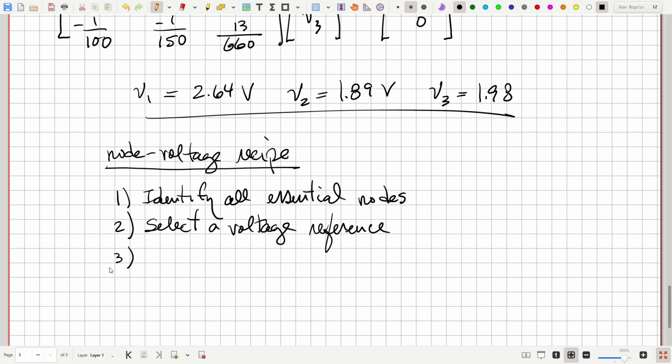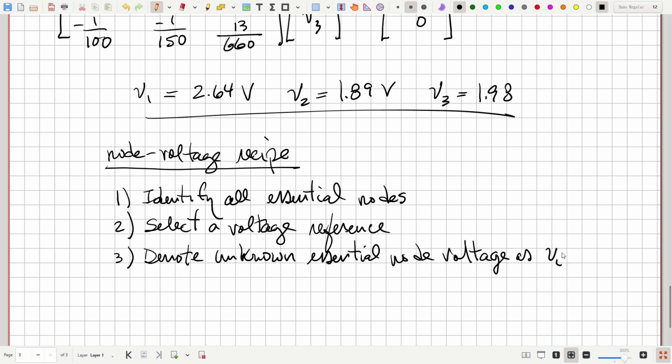Step 3. Denote unknown essential voltages as Vi, i equals 1 to, say, N. On our previous circuit, N was equal to 3.